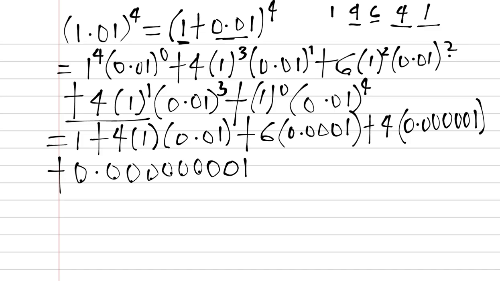You can see that. Then if you use your calculator and add all these together, multiply 4 by this, multiply 6 by this, multiply 4 by this, then add it to this value, the answer you will have is 1.04060, correct to 5 decimal places.